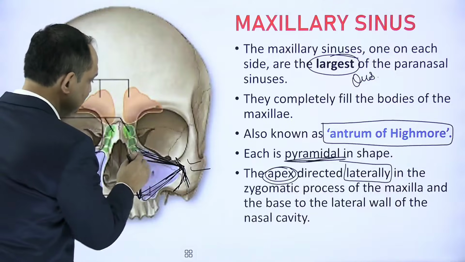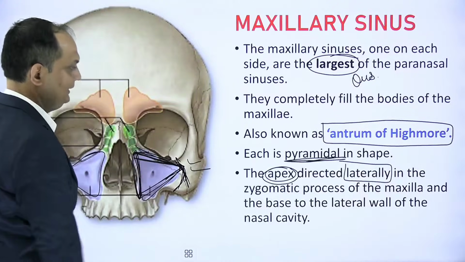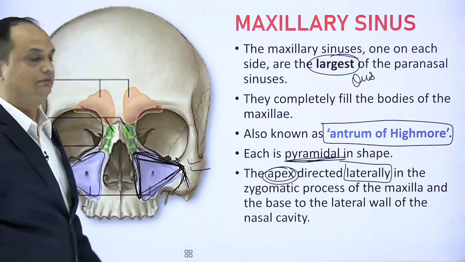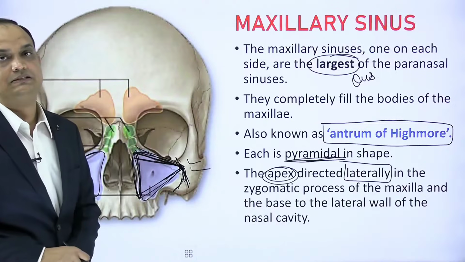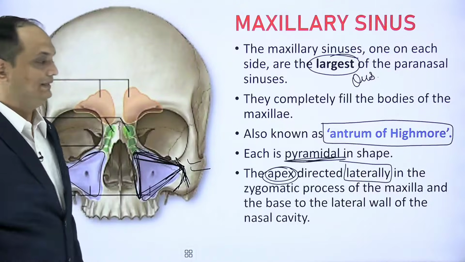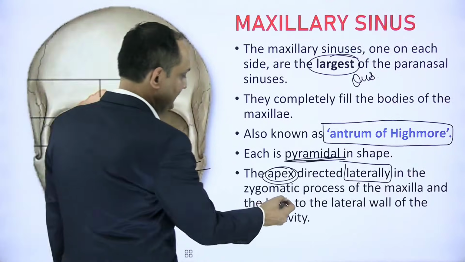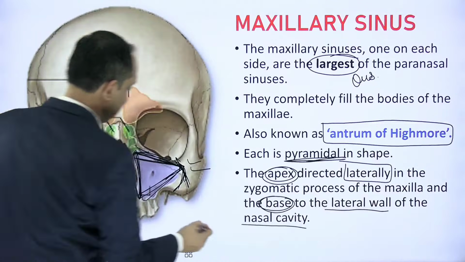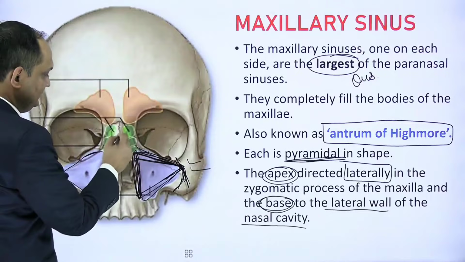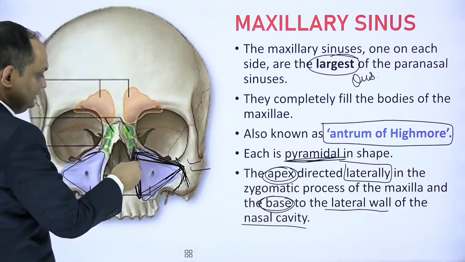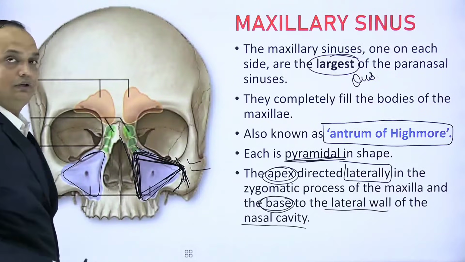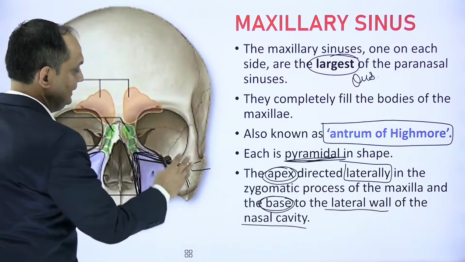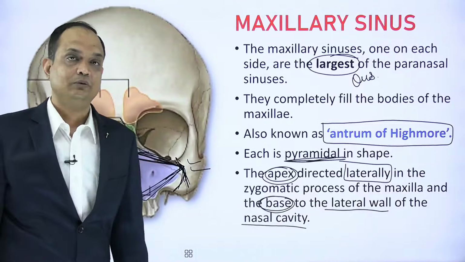So, this apex is present in the lateralmost part of the maxilla, known as the zygomatic process of the maxillary bone, while the base is present along the lateral wall of the nasal cavity. So, this is the base, this is the lateral wall. The base is facing medially towards the lateral wall of the nose, while the apex is facing laterally towards the zygomatic bone.